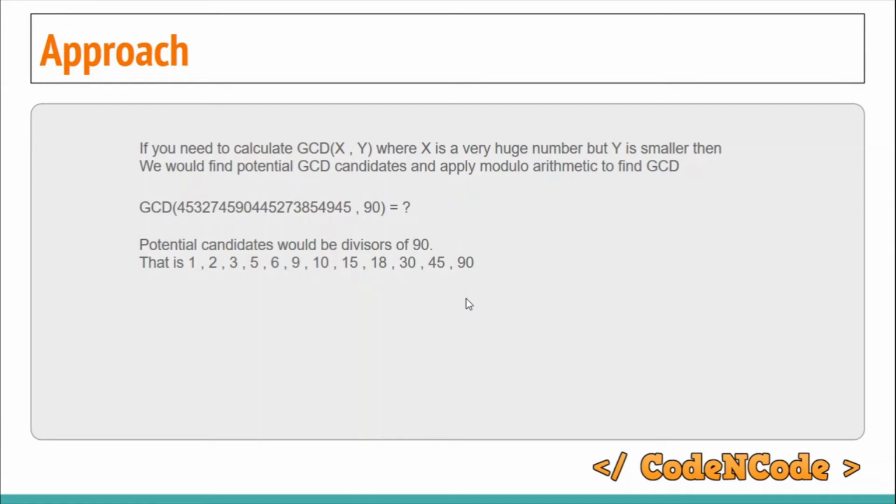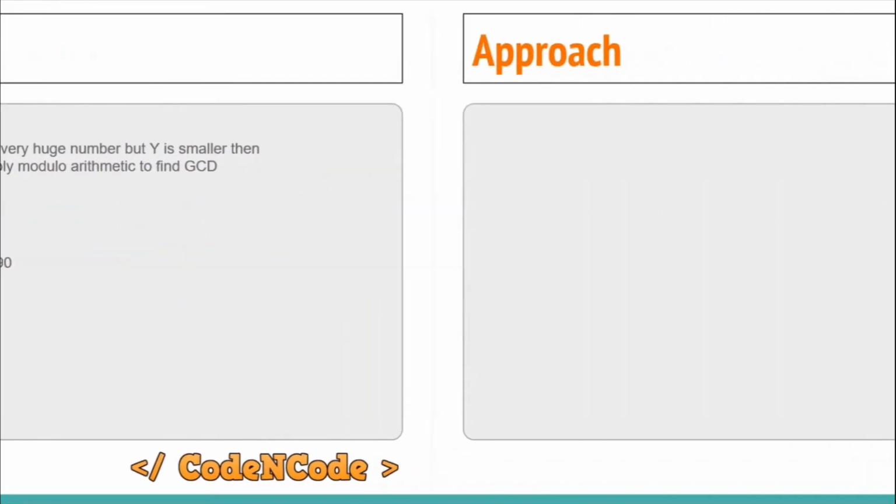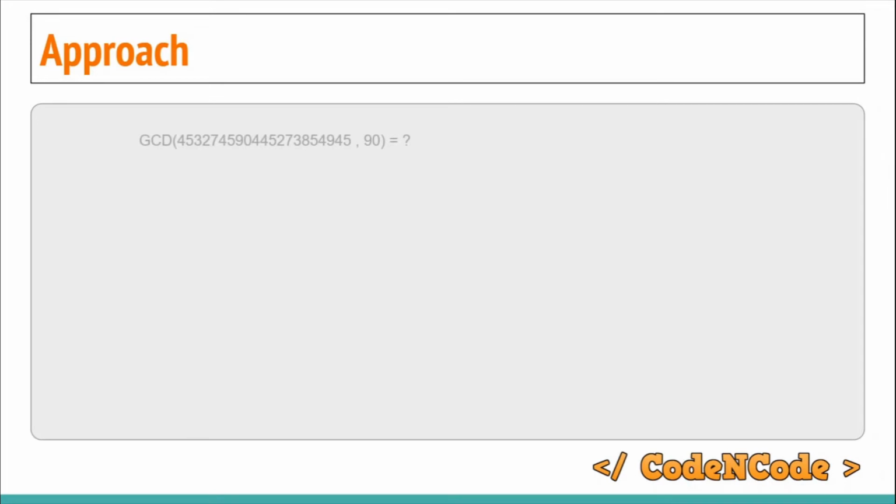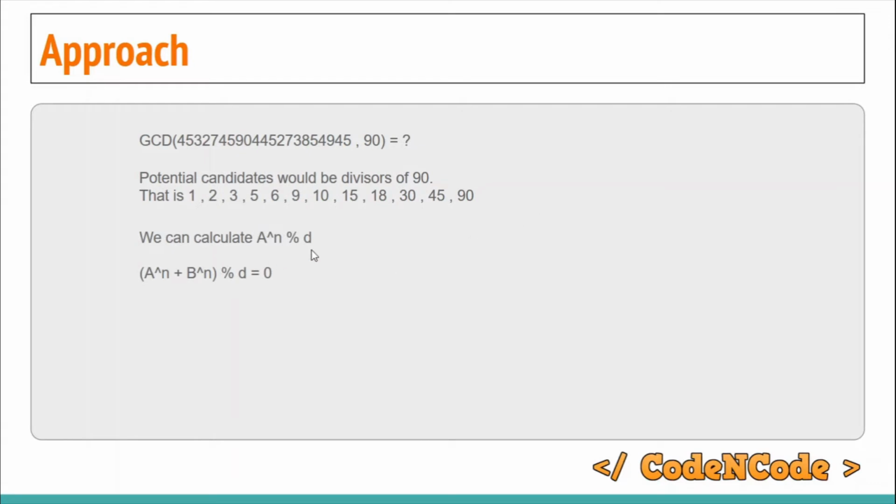But since we have studied modular arithmetic, after finding all the candidates, we know it is difficult for us to calculate a raised to power n plus b raised to power n, but from the previous two lectures 9 and 10, we have seen that we can calculate a raised to power n modulo some number.